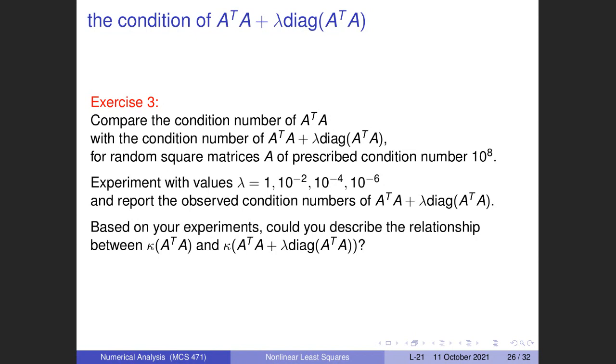Solving the normal equations is not very good because it could be badly conditioned. Now, well, you make it diagonally dominant. So that's actually what this exercise explores. You add a multiple of the diagonal to it, and you will get better and better conditioned matrices. So it is an improvement of the conditioning.